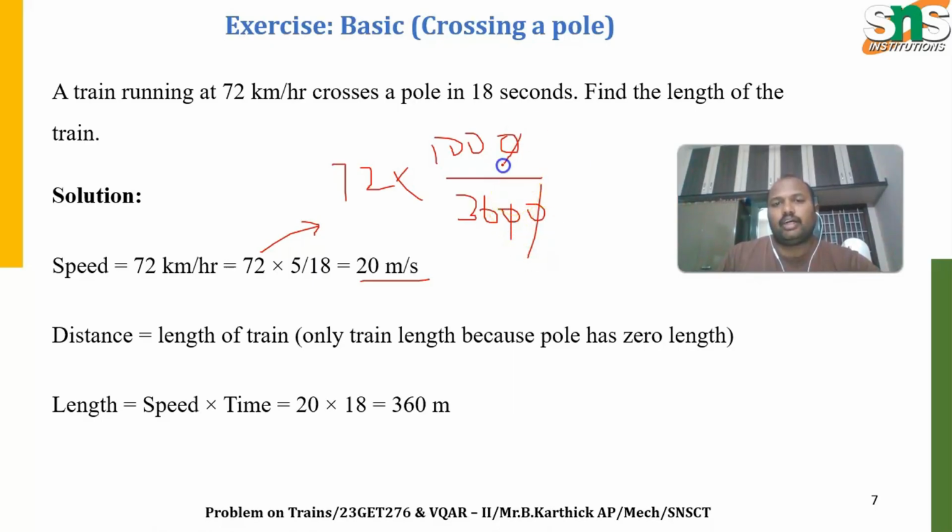When we cancel it out, it comes as 5 by 18. So the speed is 20 meters per second.